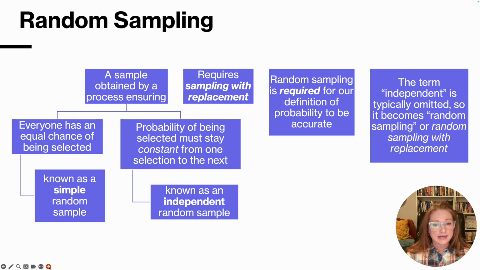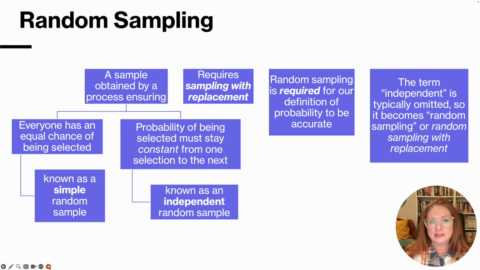Random sampling is required for our definition of probability to be accurate. Take a look at the far right-hand side: the term independent isn't usually stated out loud, so it usually becomes just random sampling, or random sampling with replacement.